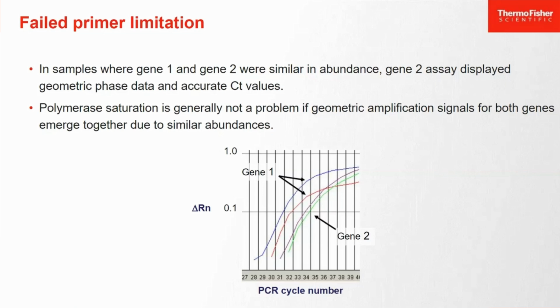So in other words, they have similar abundances. So this is illustrating that when you have two genes and there are similar abundances, they're going through the geometric phase pretty much at the same time. So polymerase saturation is not an issue in those cases. But obviously, in other cases, other samples, gene 1 was significantly more abundant than gene 2, so primer limitation was important.